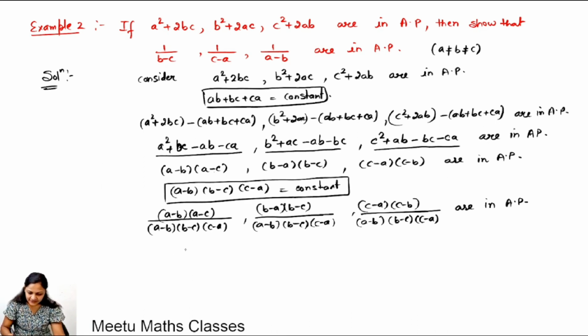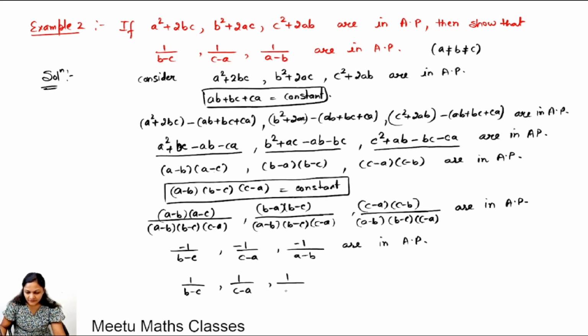You are left with minus 1 upon B minus C, minus 1 upon C minus A, minus 1 upon A minus B are in AP. Now, if we multiply the three terms by minus 1, we will get 1 upon B minus C, 1 upon C minus A, 1 upon A minus B are in AP. And this is what you are supposed to prove.